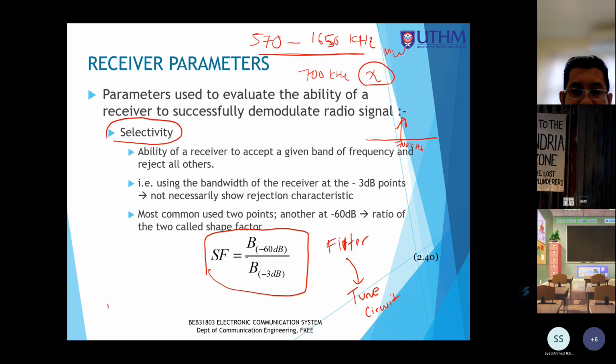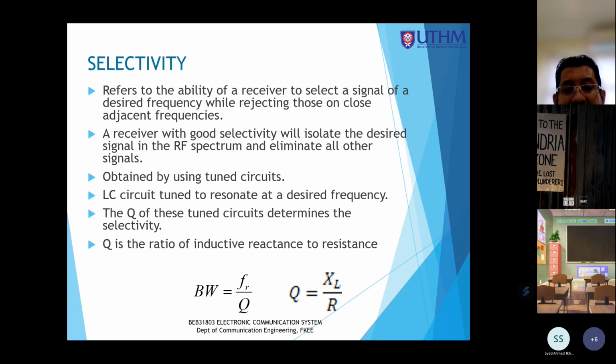Tadi bandwidth, shape factor, satu lagi bandwidth. So this is the bandwidth of tune circuit. Okay, ini adalah merujuk kepada bandwidth of the tune circuit. Berapa bandwidth yang ni tune circuit ini?